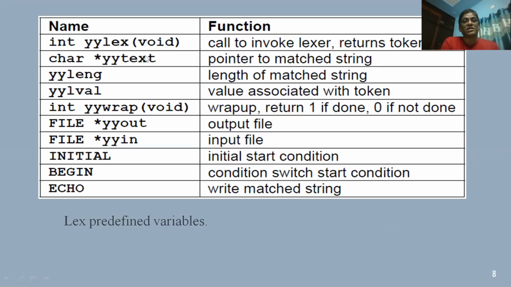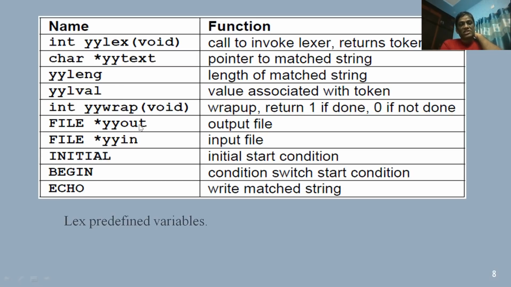So it contains the corresponding matched string, and yyleng is the length of the matched string. yylval is the value associated with the corresponding token. yywrap is wrapping up all the matches. It returns 1 if the matching is done successfully, otherwise it returns 0.